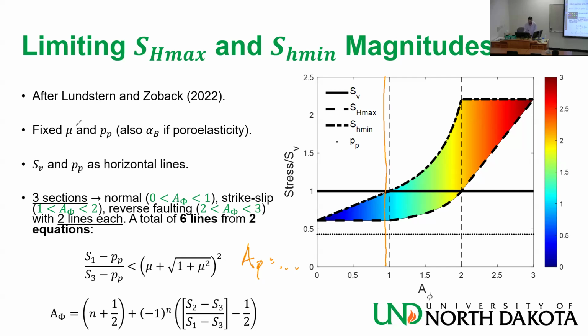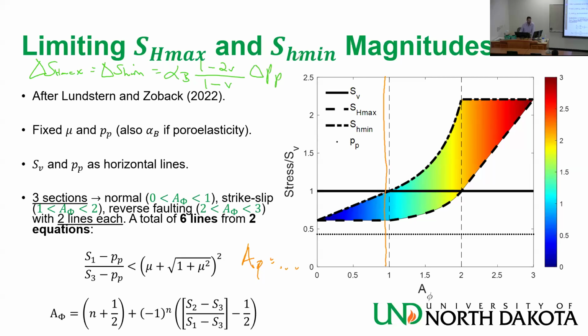But we don't use it in this. Delta SH max equals delta SH min equals alpha, no, sorry, (1 minus 2ν) divided by (1 minus ν) times delta PP, where ν is the Poisson ratio.